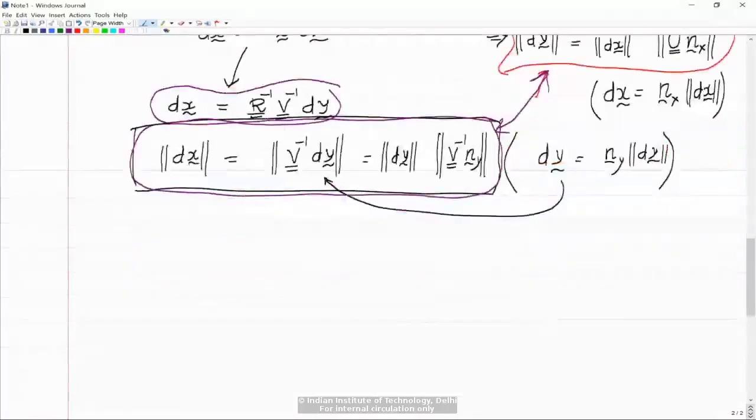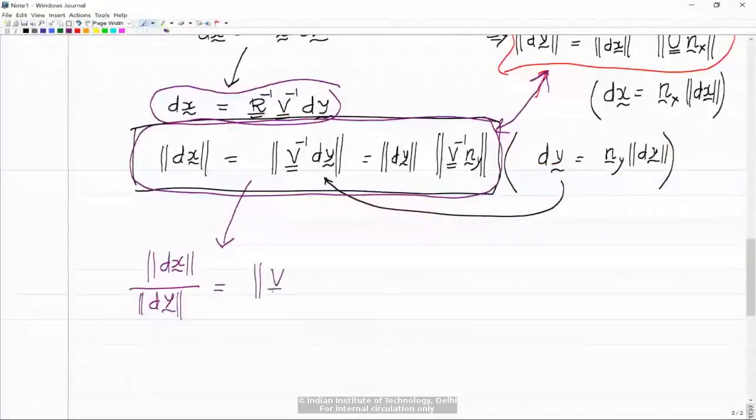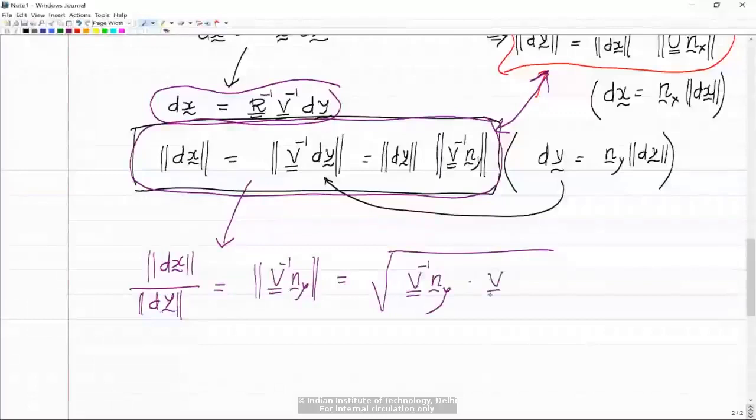So, for example, if you try to work out the stretch, from here only you can see what is dx by dy. That's this V inverse ny mod, which you can also write as square root of V inverse ny dot with V inverse ny, isn't it?